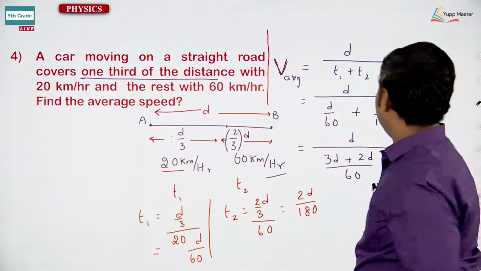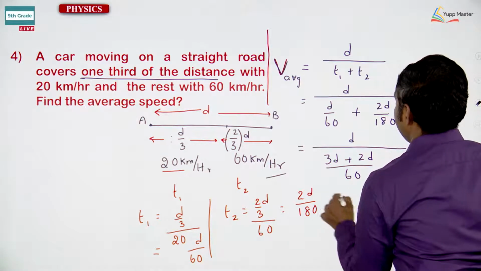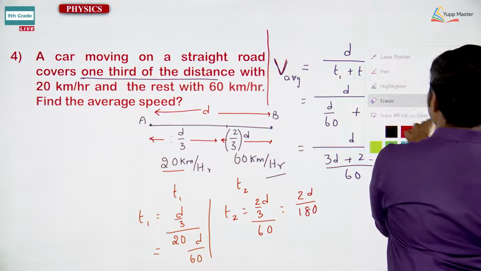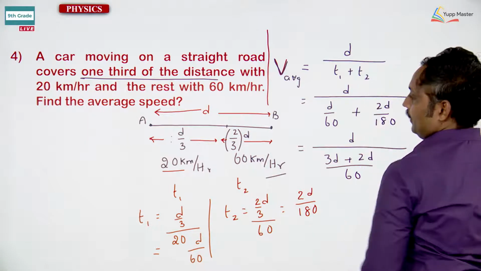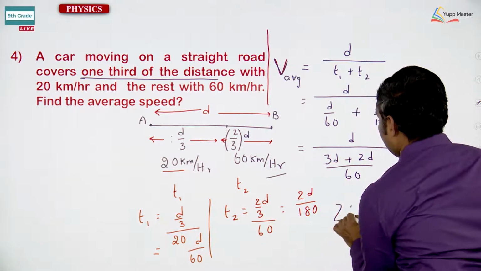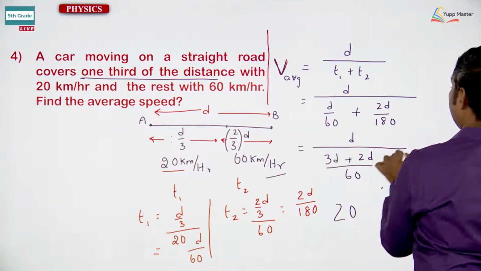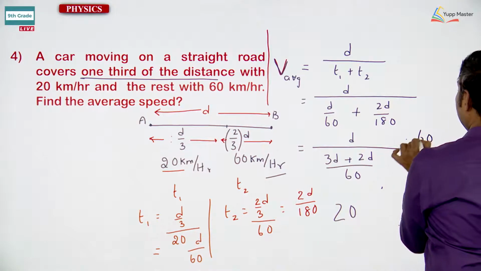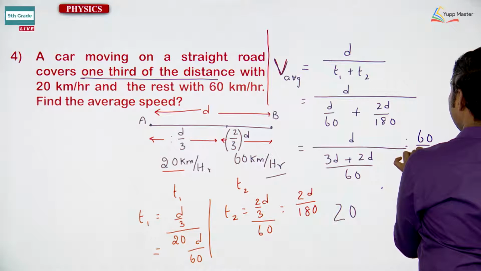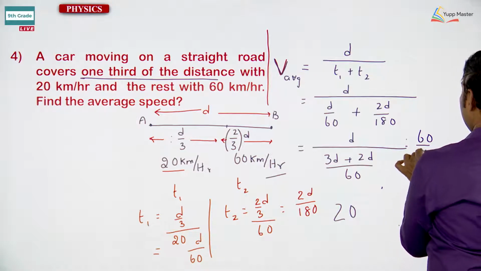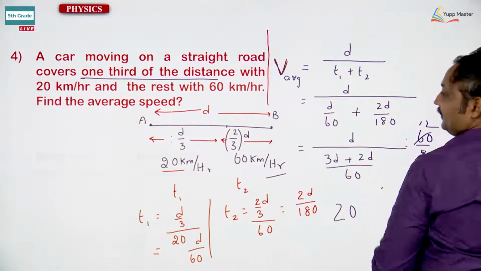After doing all the calculations, you will get the final answer. Just cancel, and 60 by, so you will get 12. Let's check that.